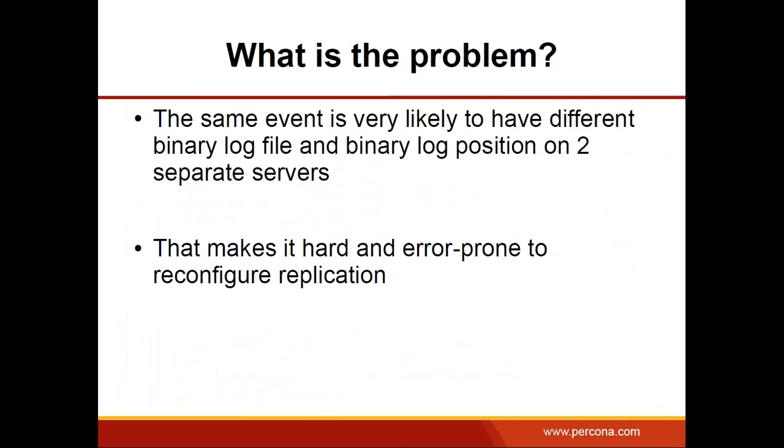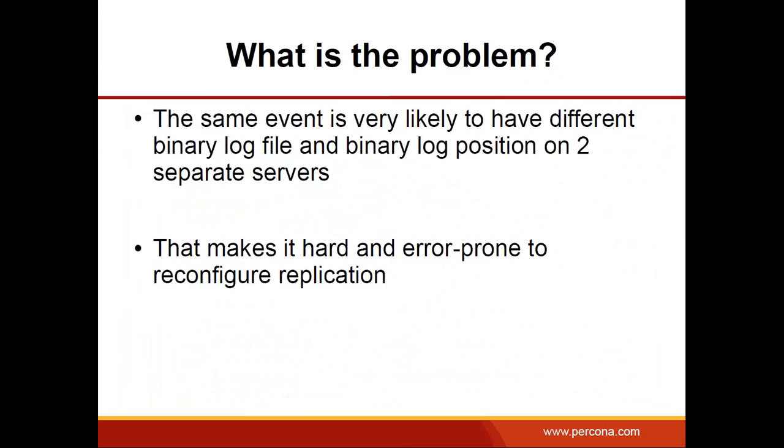So for instance, you have one master, 10 slaves, the master crashes, okay, so you will promote one of the slaves, let's say slave number 1, to be the new master, but the problem is that slave number 2 to slave number 10 are not slaves of the new master. So you have to reconfigure replication on every other slave to inform them that they have a new master.